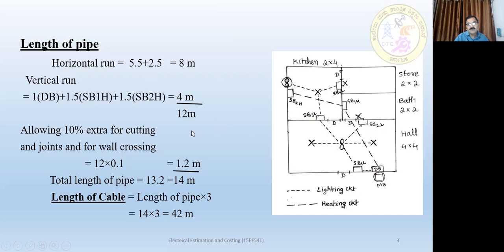So for that wastage and wall crossing, we have taken 10% of this length. For 12 meter, 10% gives 1.2 meter. Adding 12 meter and 1.2 meter, we get 13.2 meter.